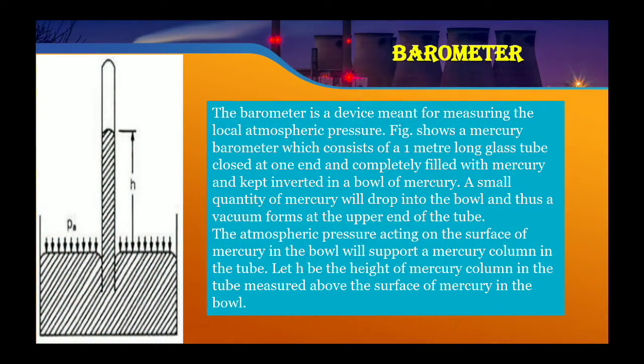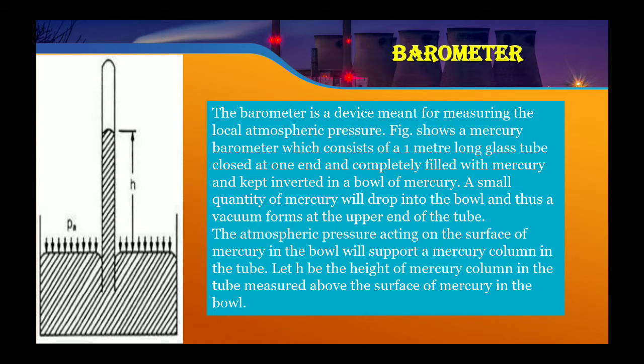So here you can see the image or the diagram of a barometer. This is a bowl which is filled with mercury, and this is a glass tube. This is also filled with mercury. The barometer is a device meant for measuring the local atmospheric pressure.